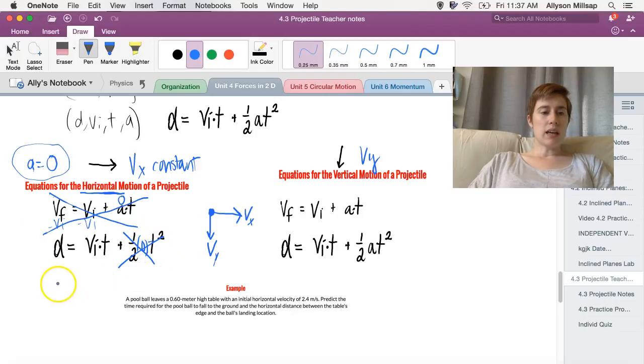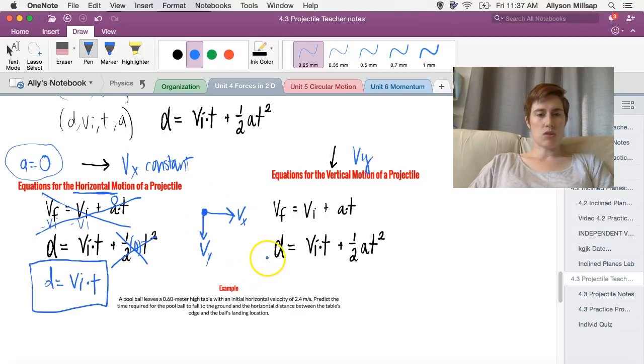So really, the only formula that's useful for horizontal motion is distance equals initial velocity times time. This part of the equation you won't be using, and this equation you won't be using. So this is really the only equation useful when we're looking at the speed of a horizontal motion.